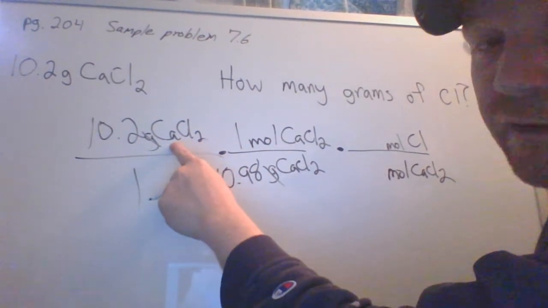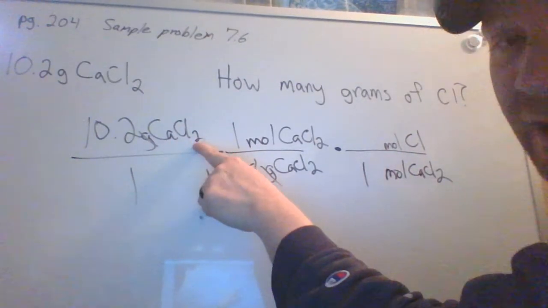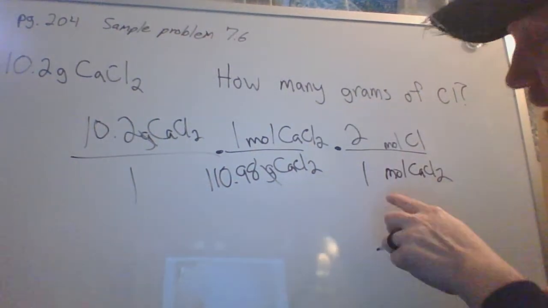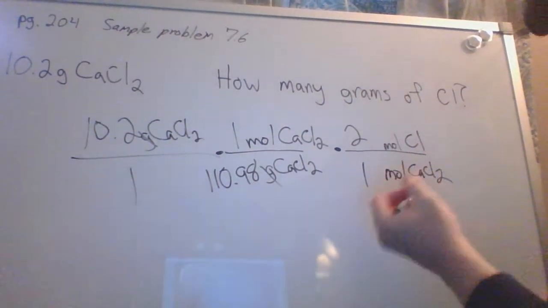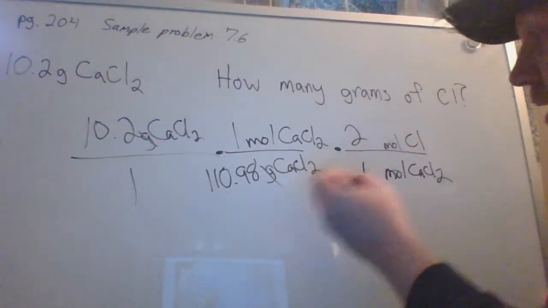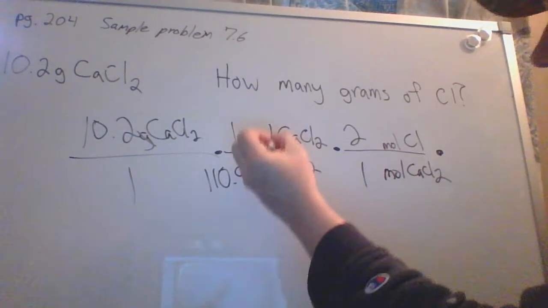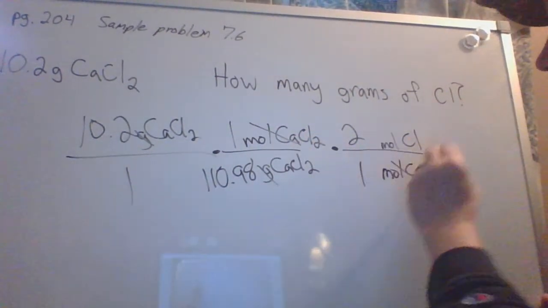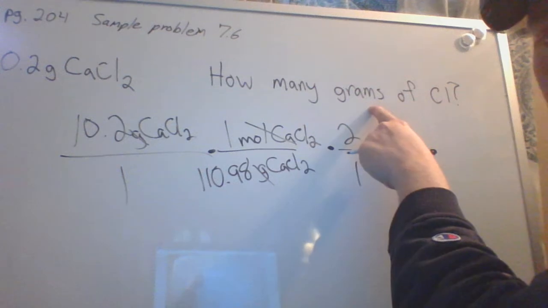We could say if we had 1 mole of CaCl2, we would have 2 moles of Cl. It's a 1 to 2 ratio. And again, I'm happy that you can refer back to this video. I'll try to make it quick. Lastly, by the way, sorry, moles of CaCl2 cancels out. We have moles of Cl, but we want grams of Cl.